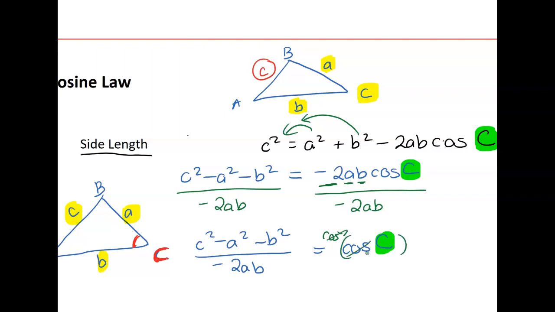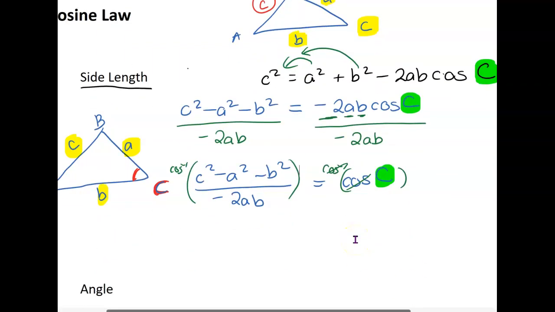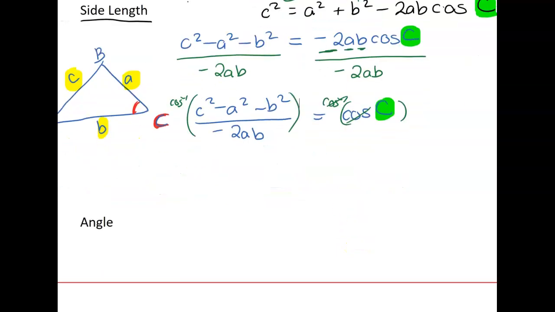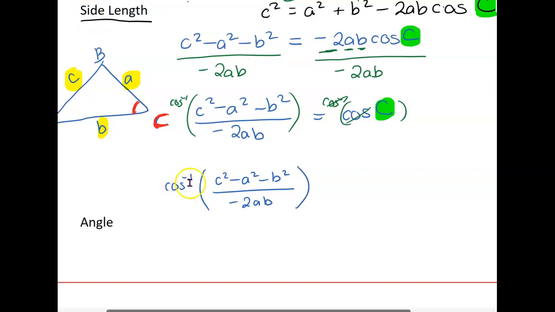What you do to one side, you must do to the other side. So now the equation will look like this. Cos inverse of the left side, which is all in brackets, c squared minus a squared minus b squared all over negative 2ab, and then you would actually apply the cos inverse of that answer. So that way it will give us the value of c.